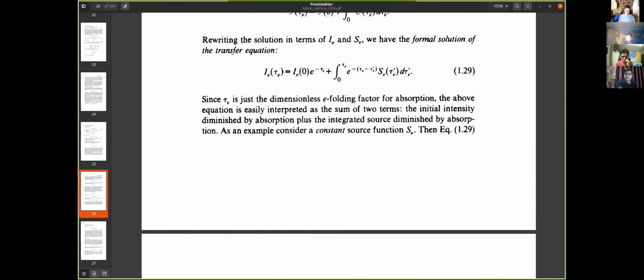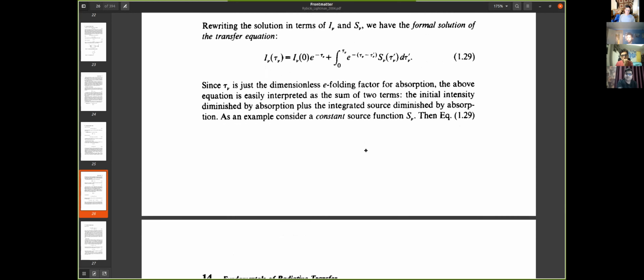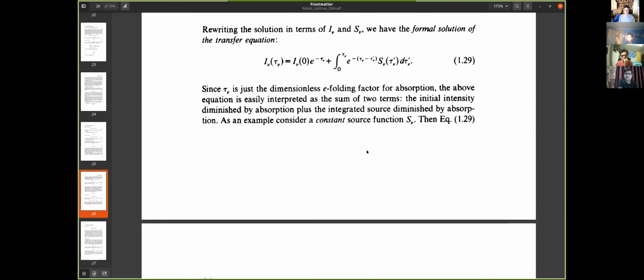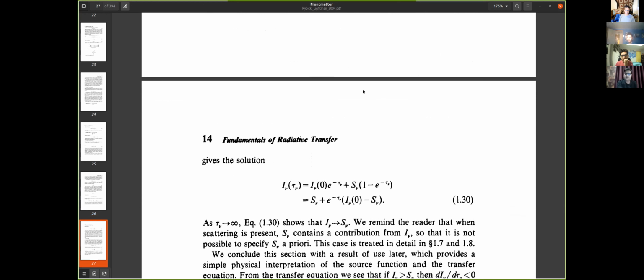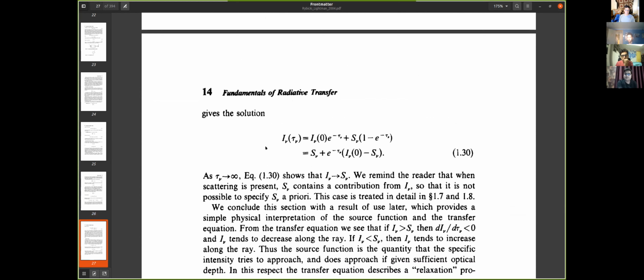And then he derived a specific solution of the radiative transfer equation, where he considered that the source function is constant. When the source function is constant, it will come out of the integral, and what we get is something like the form given in equation 1.30.